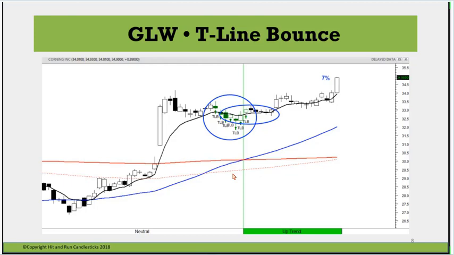We've developed this to show where we might look for entries or where the stock is setting up. So the stock pops up as you filter through your charts. And a little bit later on, I'll be finished here in a bit, and then Jeff is going to come on, and he's going to talk more about it, on how you might find this on a chart and how you might set it up.